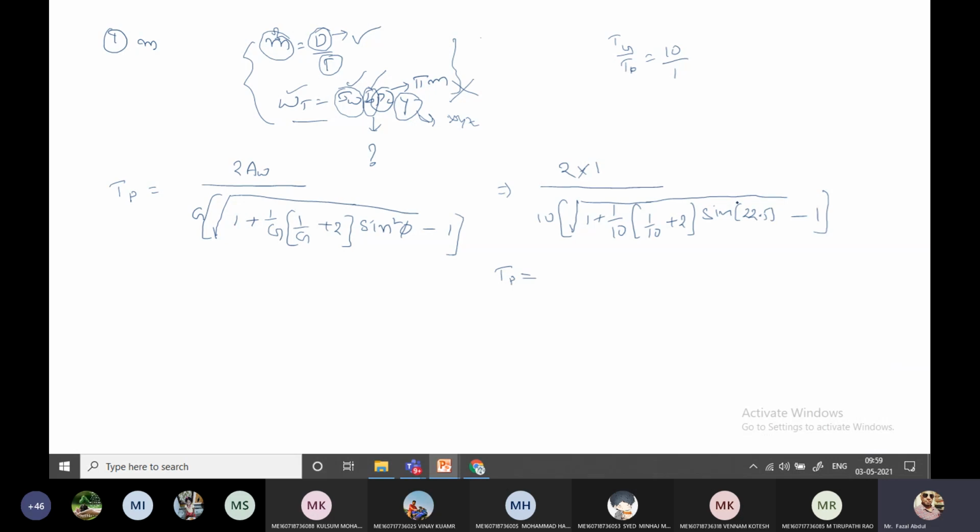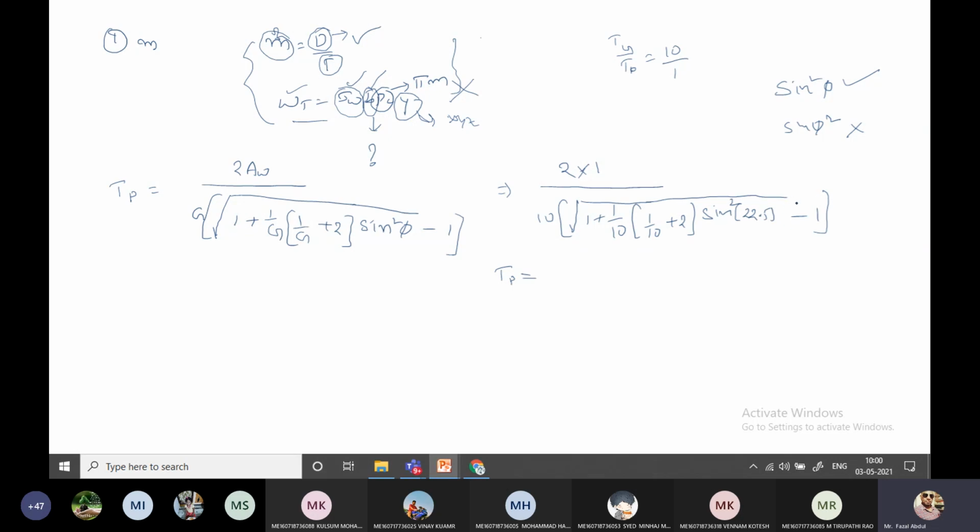Sine square pi I am writing, not sine pi square; there will be a difference between them.